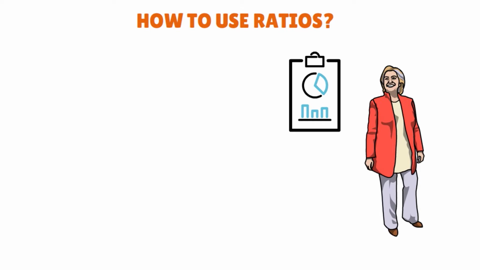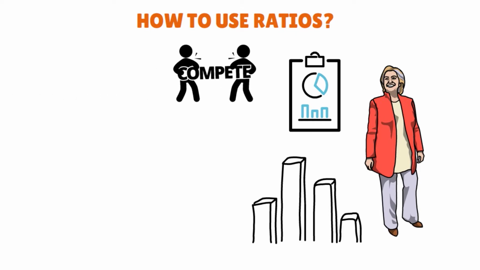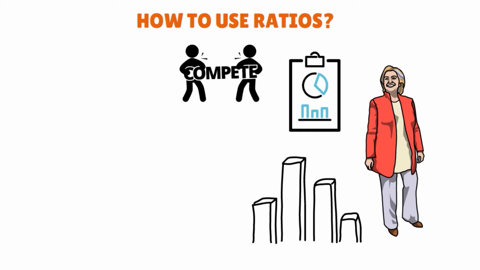So you have time series data, whereby you compare historical data versus current data. So you compare the company's achievements or performance over the last 5 years. That's time series data. You can also evaluate the financial performance of the company versus the competitors, if the company is overachieving or underachieving.